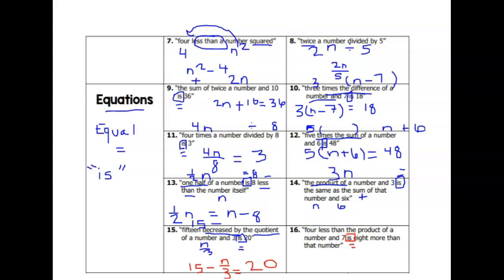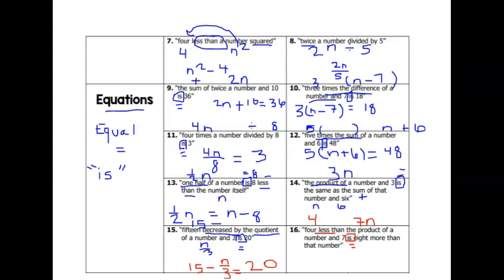Okay, so I got the number 4, and I'm thinking 4 less than, underlining less than, the product of a number and 7. Well, a number is n, and the product is multiplication. So I'm taking 7 times n.